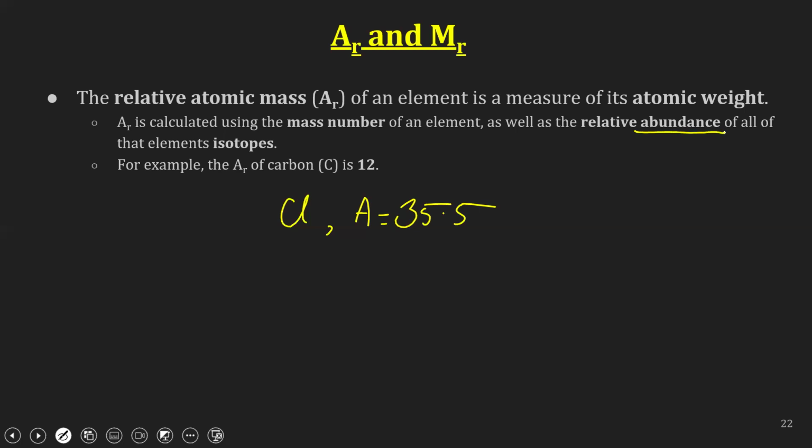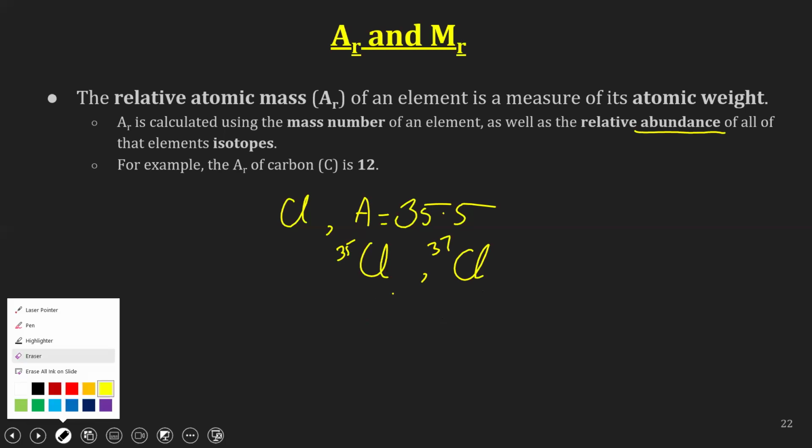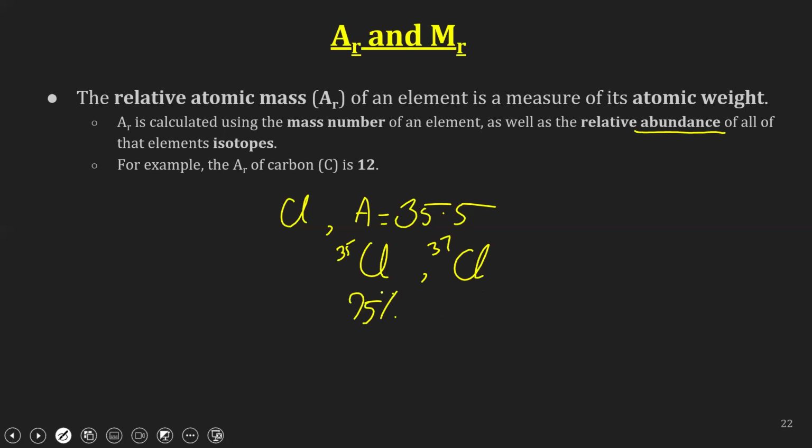Chlorine has two isotopes: one is chlorine-35 and the second is chlorine-37. Chlorine-35 exists in the majority, 75%, and chlorine-37 exists in 25%. This is why the relative atomic mass is 35.5.